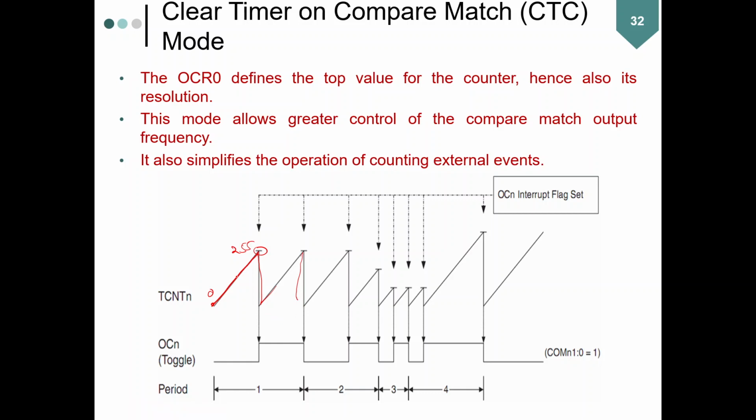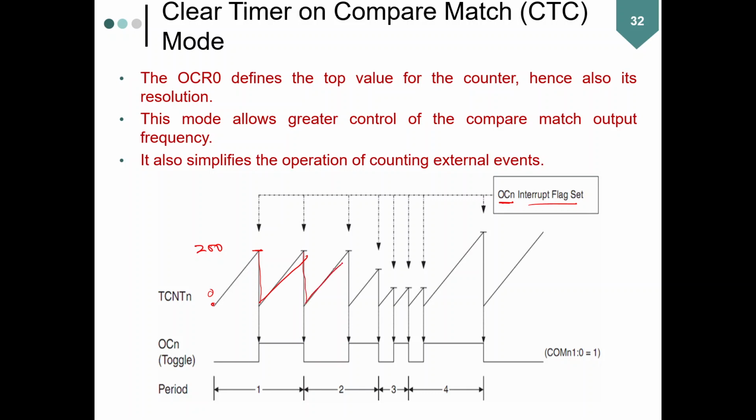Now, what you could do is, instead of 255, you could set another value which is called top. So suppose you want it to roll over at 200. Whenever the counter reaches 200, the output compare interrupt flag is going to be set, and the counter will go back to 0 and start counting again.